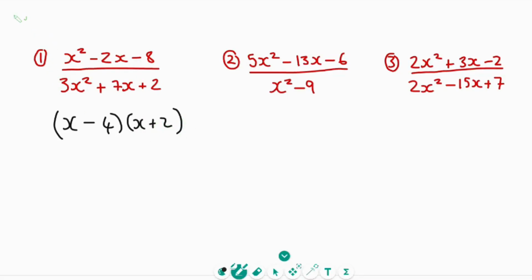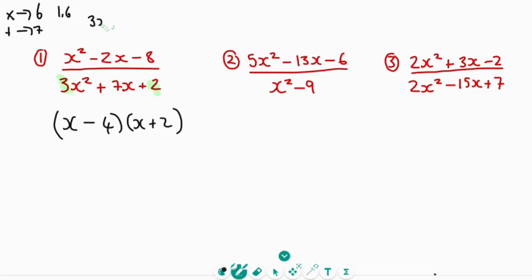Okay, I'm going to split down the middle at the top here. We need two numbers that multiply to get 3 times 2, which is 6, and add to get the middle term, which is 7. So it's 1 and 6, because 1 times 6 is 6, 1 plus 6 is 7.